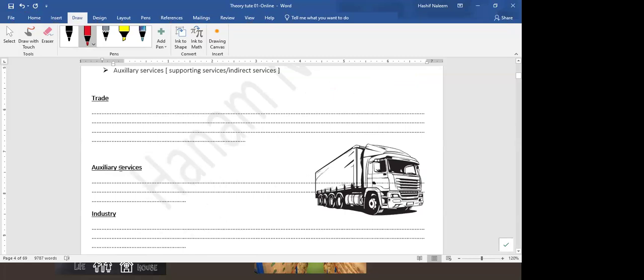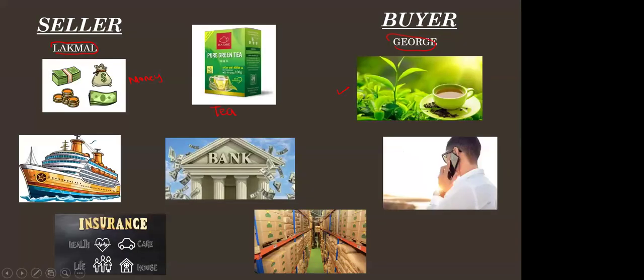Trade is simply transferring the ownership of a product from one person to another person by using money. In our example, Lakmal had tea. He transferred the ownership of tea to whom? George. By using what?